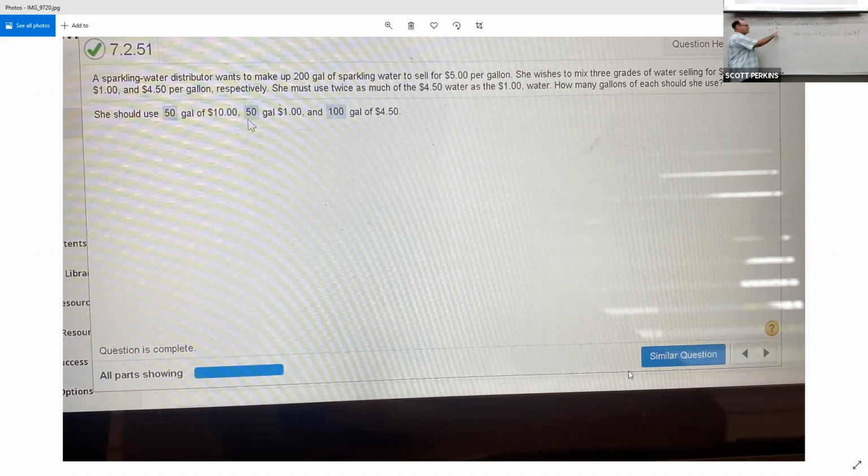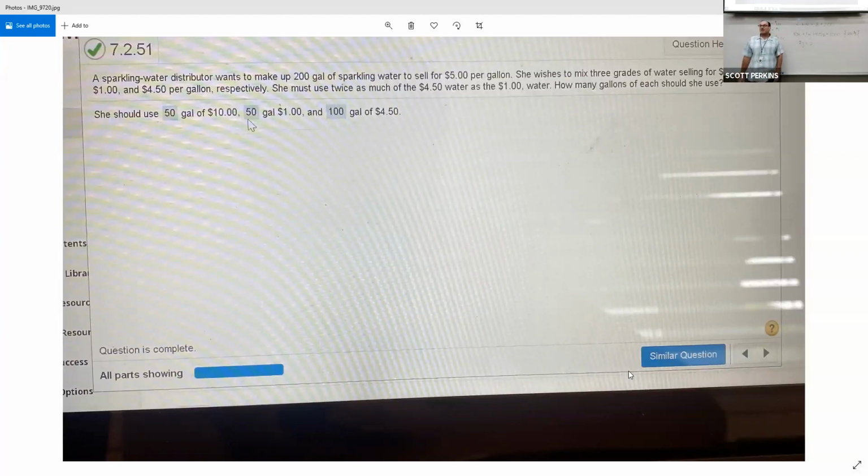The $1 one is given by Y, and the $4.50 one is given by Z. And so my $4.50 is twice as much, or 2 times the $1 one.